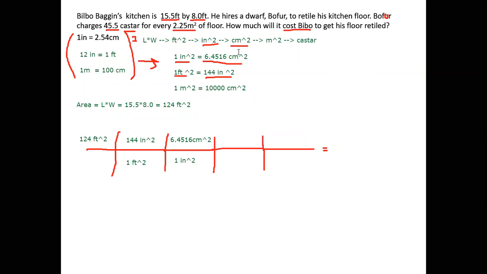So now we've converted to centimeters squared. The next step is meters squared. And so for a conversion factor of centimeter squared to meter squared, centimeter squared goes on the bottom, meter squared goes on the top.